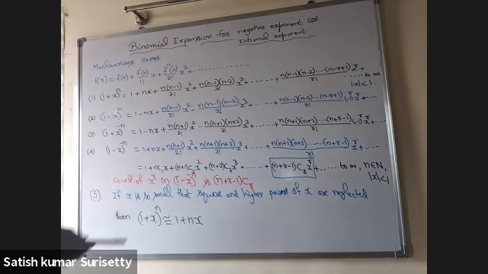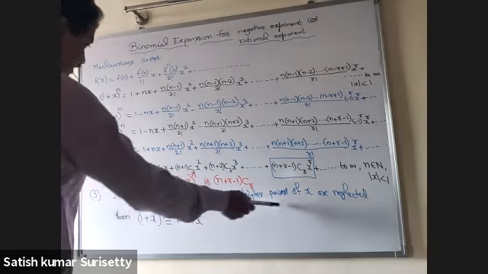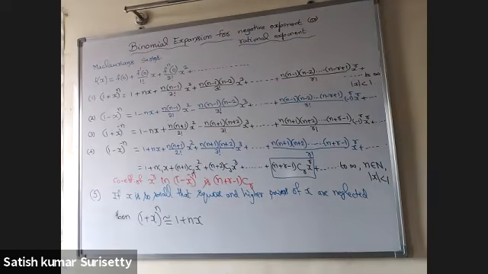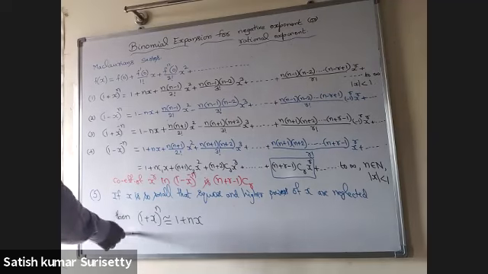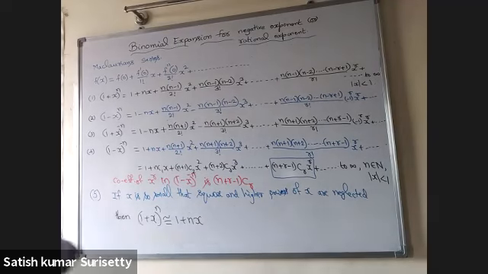Next, if x is so small that square and higher powers of x are neglected, then the approximate value of (1 plus x) whole power n can be taken as 1 plus nx.